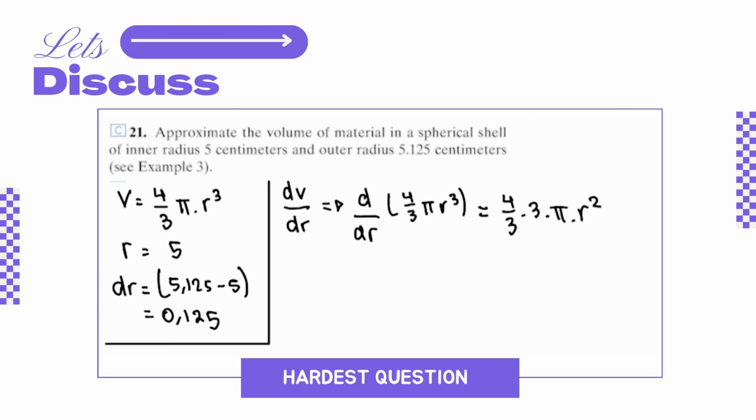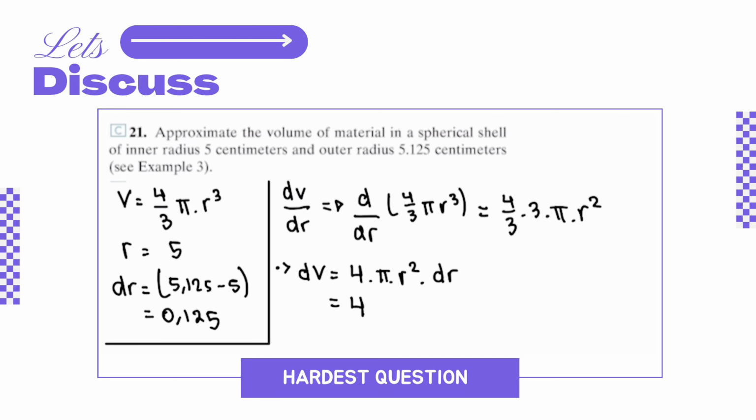So we have this now. And with that, dv equals 4 times pi r squared, and then we put dr here because formerly the dr was here, but we're going to put it here. And now we can just put in the numbers.